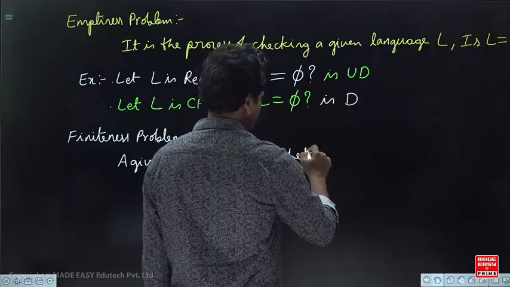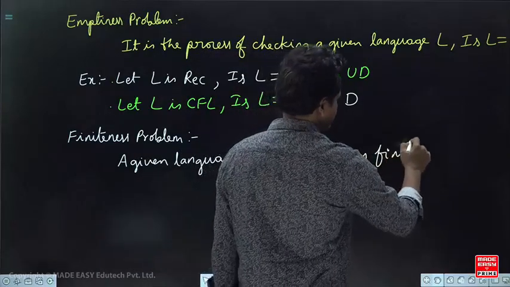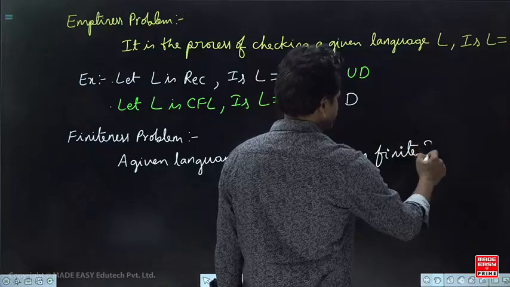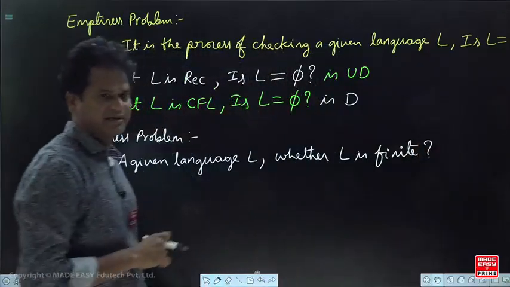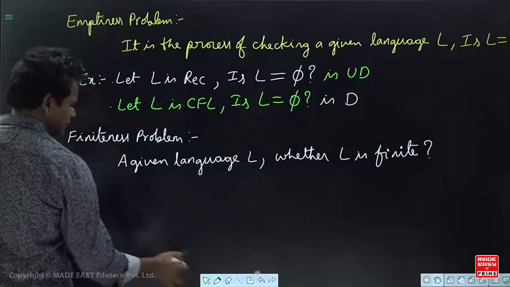L is finite means it will have a finite number of strings, a countable number of strings, that is the meaning. Okay, finiteness problem. How to use this?